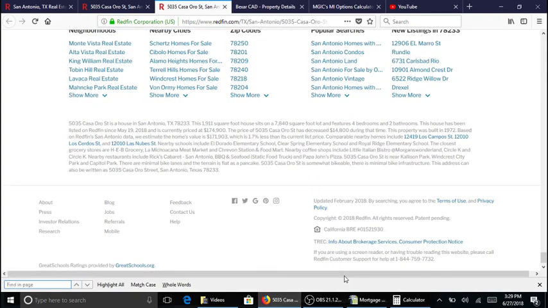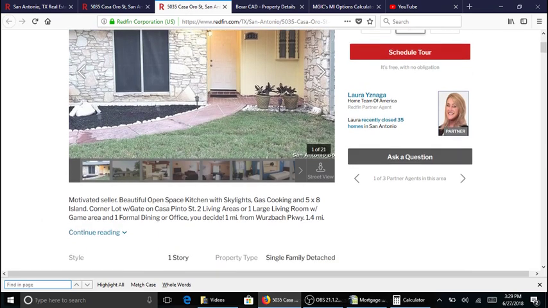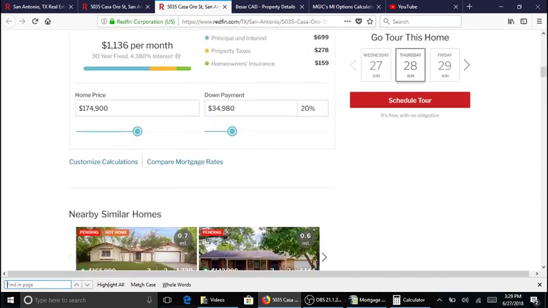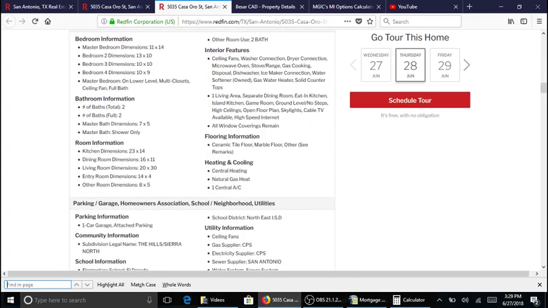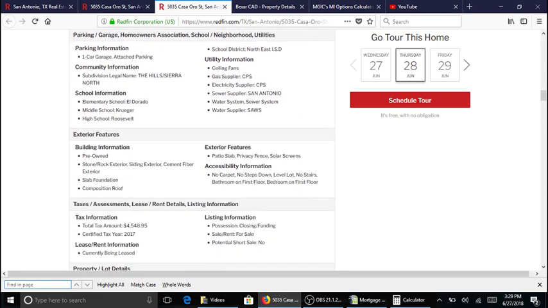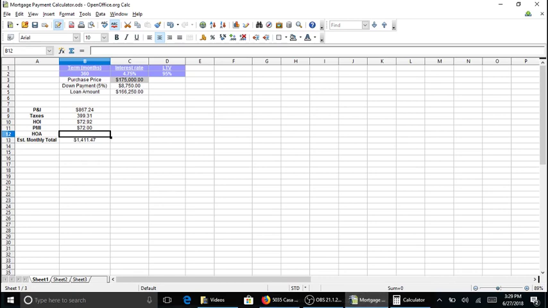HOA, no. Homeowners, no. I don't see anything there. You may want to talk to your realtor, if you have one, just to double check, but more than likely, all HOA dues and fees are going to be reflected on this listing right here. So I don't see any homeowners association dues anywhere on the listing. So we can just go back to our spreadsheet and leave it at 0 right there.